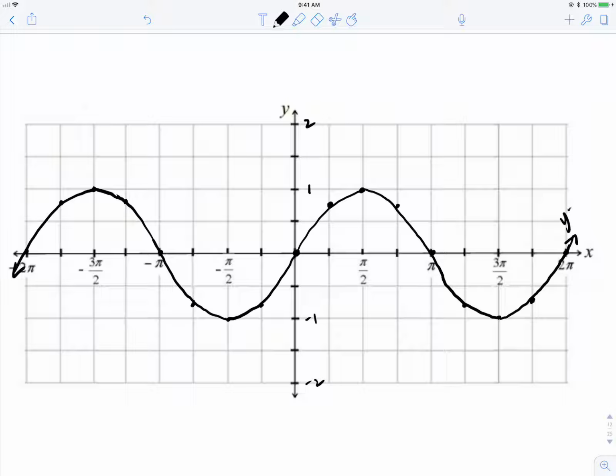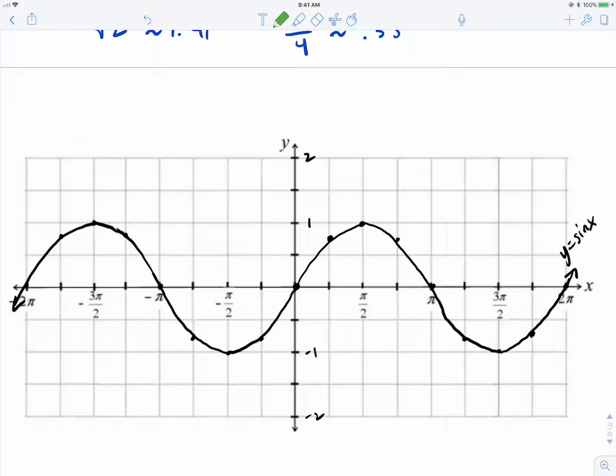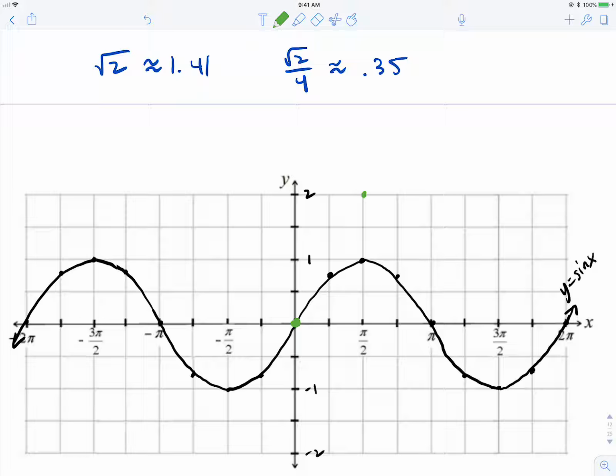Okay, so there's the parent function sine, which we've already graphed, and then for the graph of y equals 2 times sine of x, we start at 0, 0, and then we have pi over 4, root 2, which is approximately 1.41, and then pi over 2, 2.